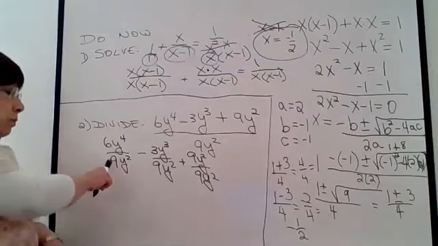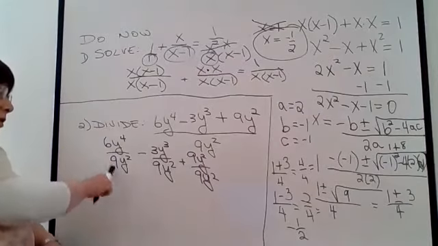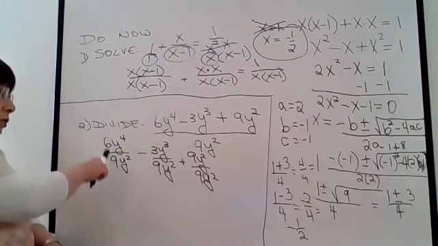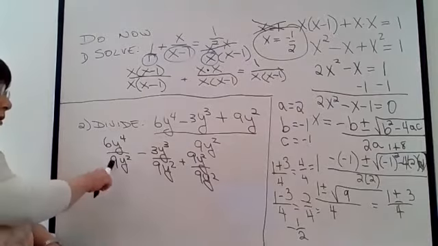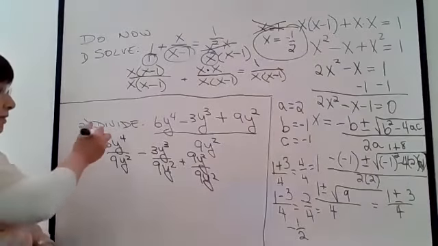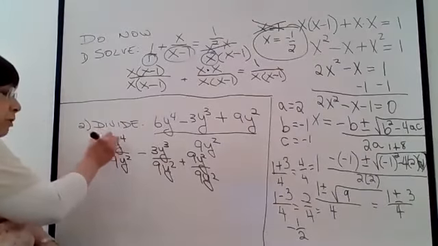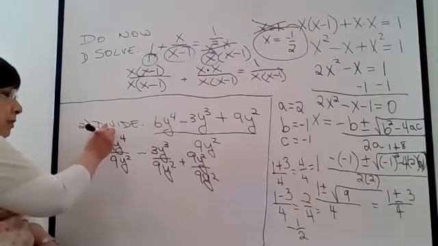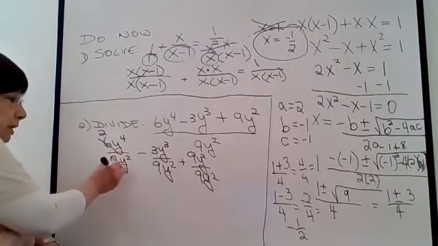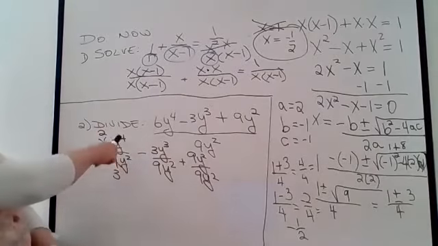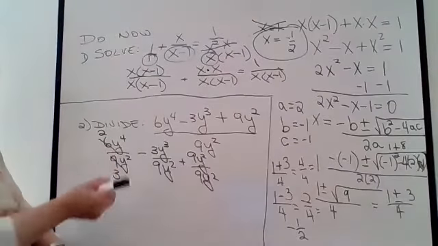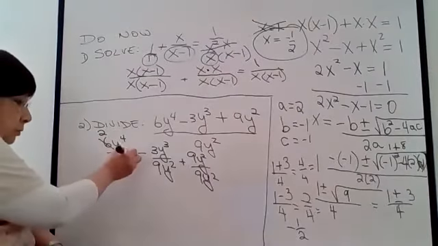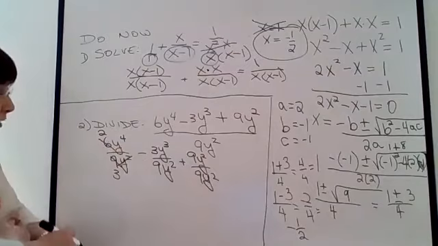Remember, these are all monomials, so we just look at each part separately. I have a 6 here and a 9 here as coefficients. Obviously, they're both divisible by 3. So on top, I'll get a 2. On the bottom, I'll get a 3. And remember, when it comes to the variables, you cross out the variable that has the lower exponent, which in this case is the y squared.